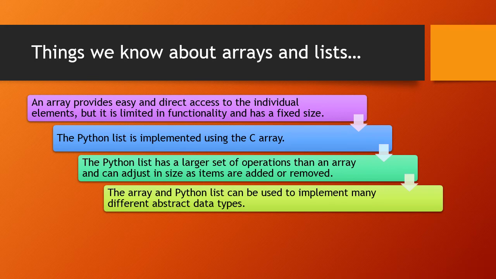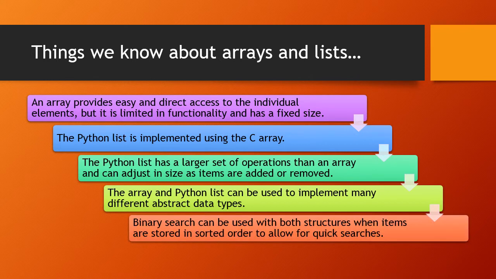The array and Python list can be used to implement many different abstract data types. Binary search can be used with both structures when items are stored in sorted order to allow for quick searches.